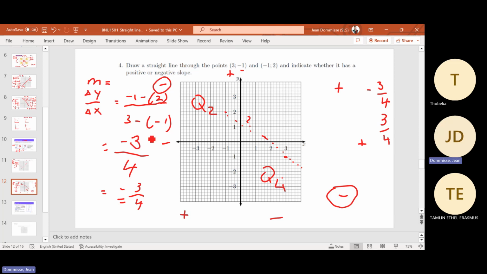If you swapped those two around, there would have been an option of 4 over 3, and there would have been an option of negative 4 over 3. Okay, so that is normally how the options that they will give you will work. If you said, well, it's the change of x over the change of y, there will be an option for you.